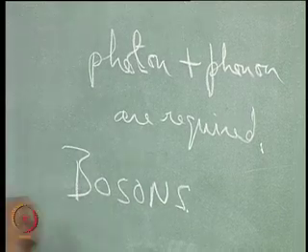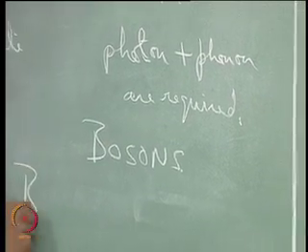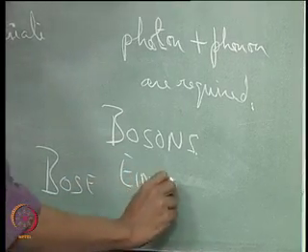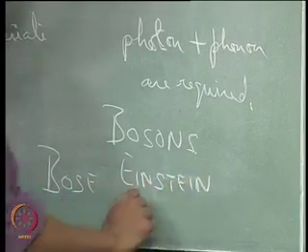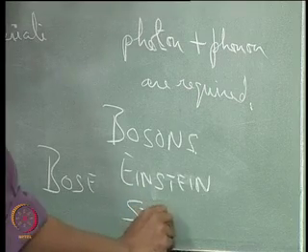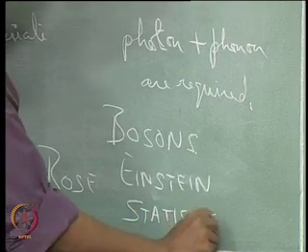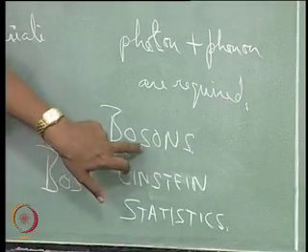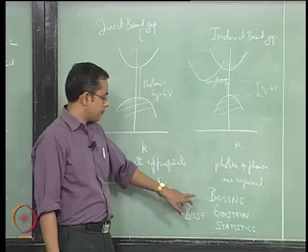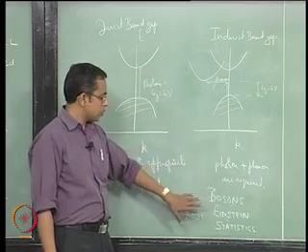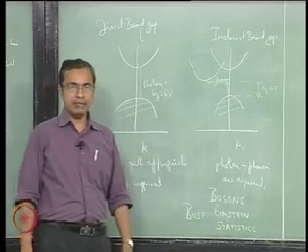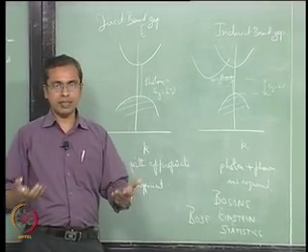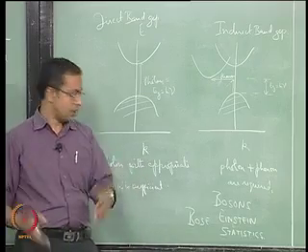They are called bosons because they follow the Bose-Einstein statistics, and that is what defines how they behave, and this also defines how they interact with the various systems and various phenomena around them, okay.